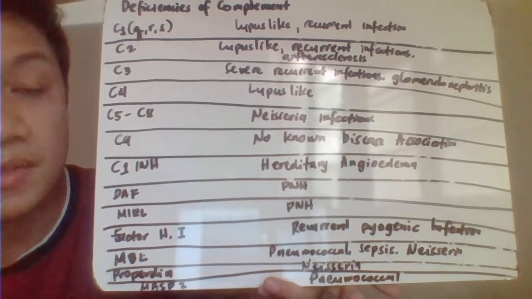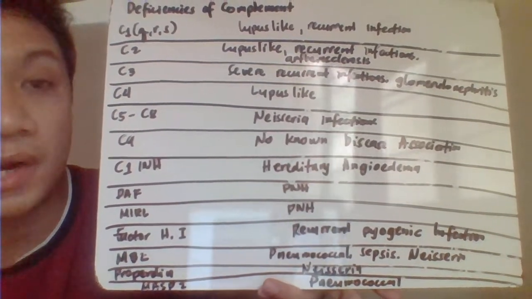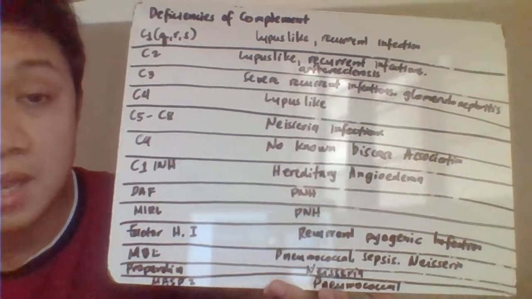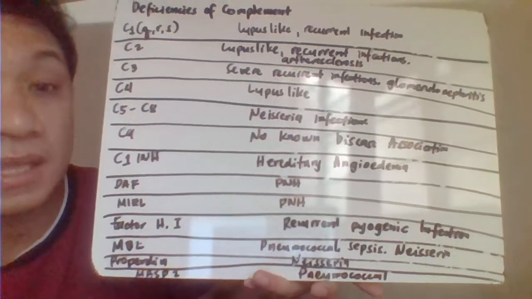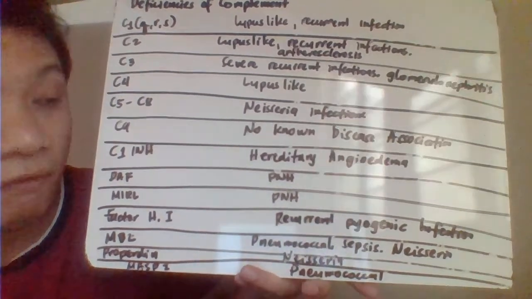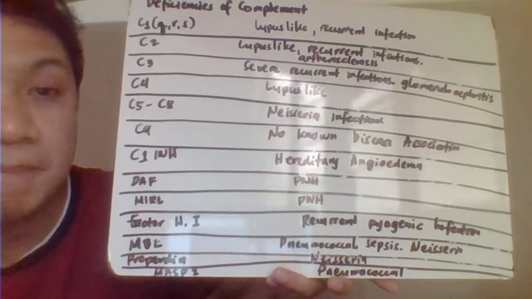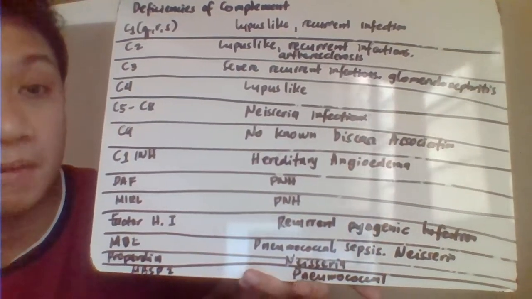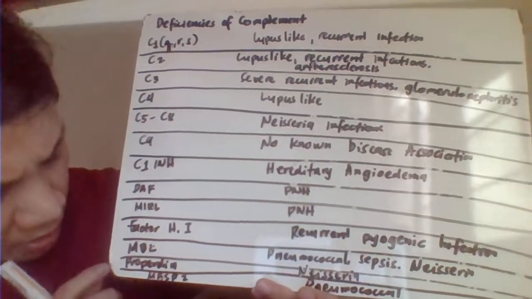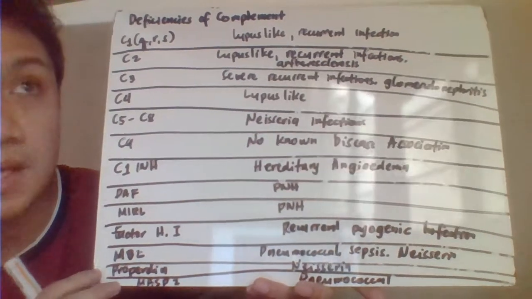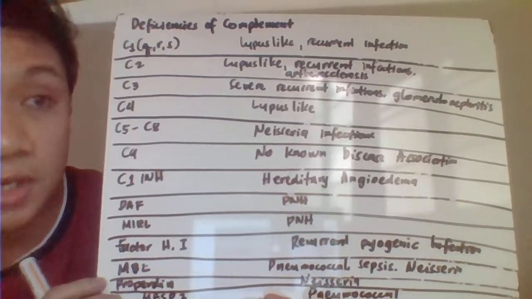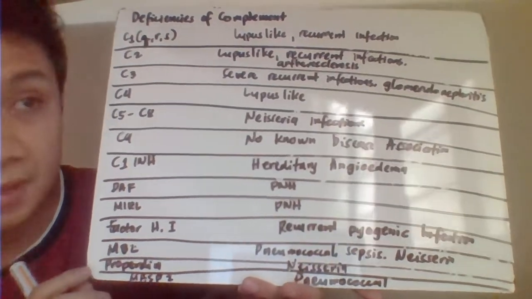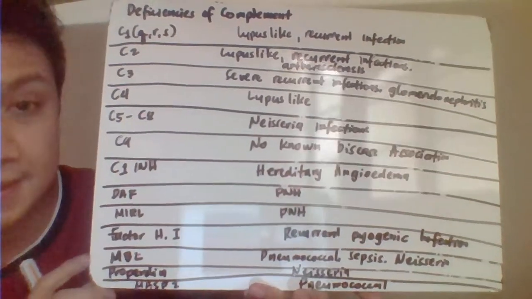Factor H and factor I deficiency result in recurrent pyogenic infections. When we say pyogenic infection, usually those are bacterial infections that cause pus formation. MBL deficiency results in pneumococcal infection, sepsis, and Neisseria infection. We also have properdin deficiency associated with Neisseria infection, and MASP2 deficiency results in pneumococcal disease, pneumonia.